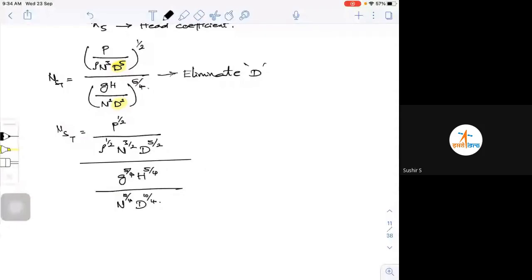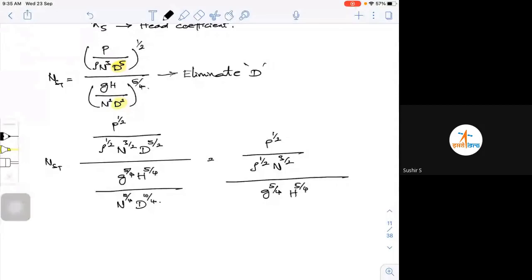What I am left with is the term NST, that is specific speed. I am left with P to the power of half divided by rho to the power of half, n to the power of 3 by 2, divided by g to the power of 5 by 4, h to the power of 5 by 4, divided by n to the power of 5 by 2.